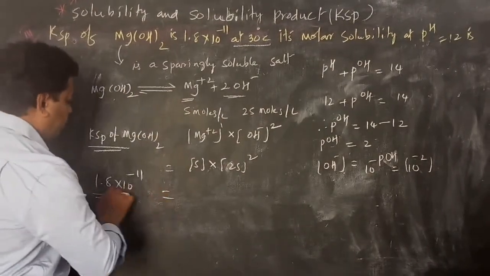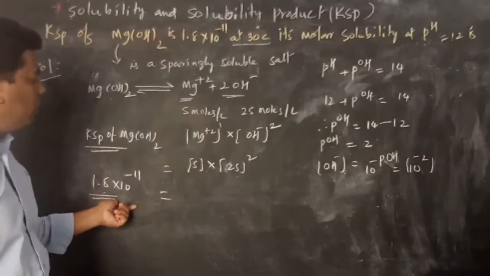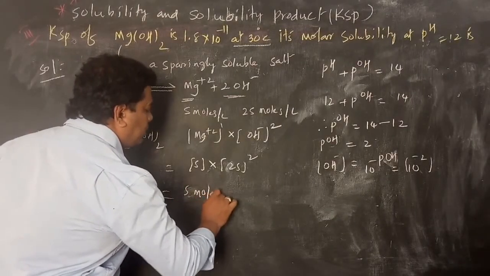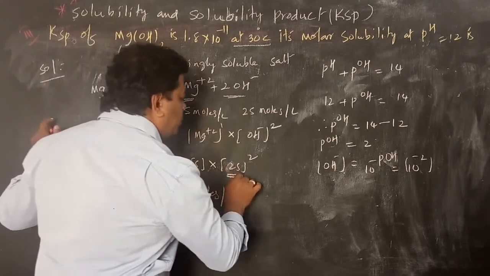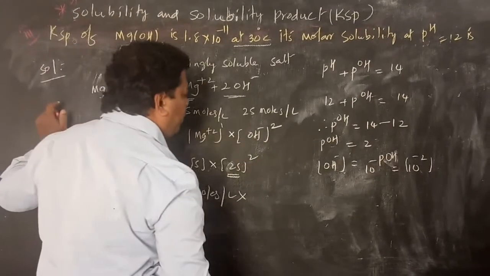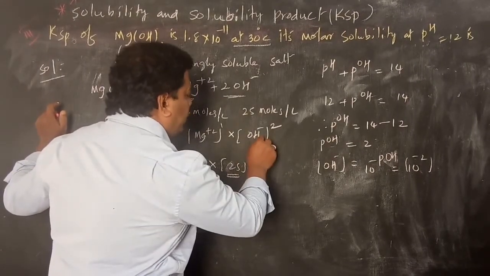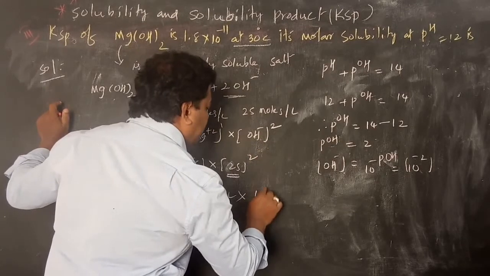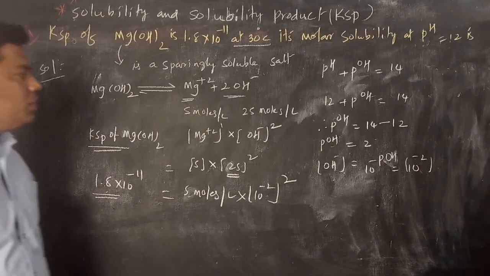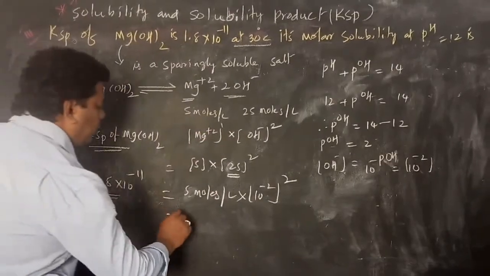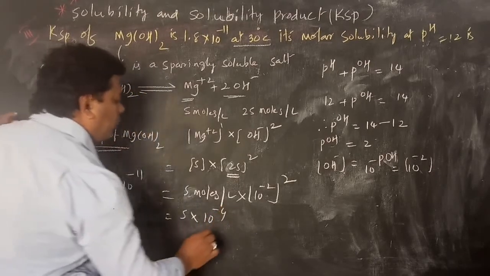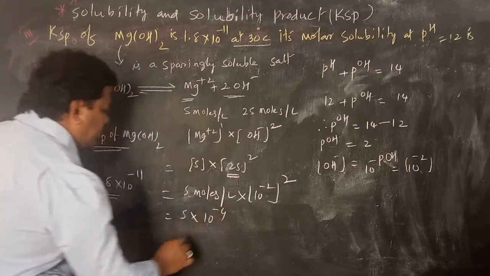So 1.8 into 10 to the power of minus 11 is equal to S moles per liter into OH minus, that is 10 power minus 2 whole square. That is equal to S into 10 to the power of minus 4.